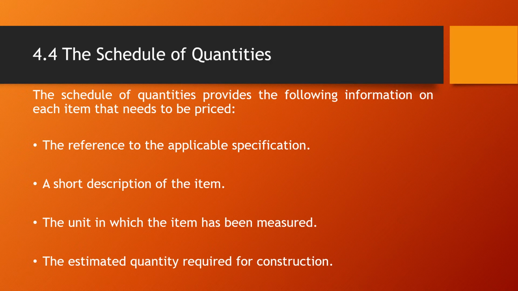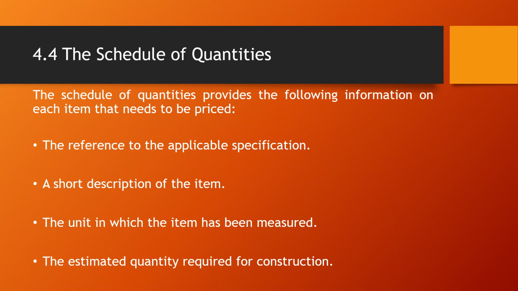So on the bill of quantities, you will have your reference column, and then you will have the description of the item, and then you will have the unit. It could be kilograms, meters, kilometers, square meters, and then you have the quantity.